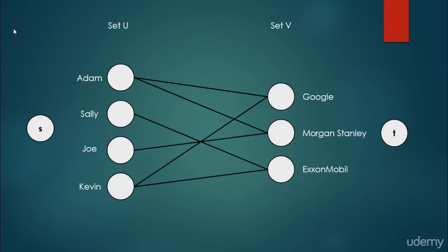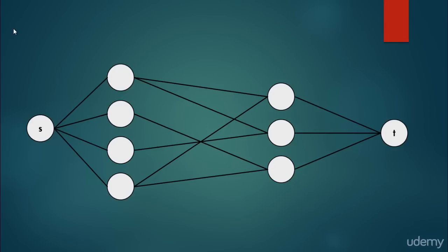As I said earlier, we can use the maximum flow algorithm. We just have to create 2 extra nodes, the source, the S, and the target vertex, the T, or the sink, whatever we prefer. We have to connect the source to the names, I mean the applicants, and we have to connect the jobs, the firms, to the sink.